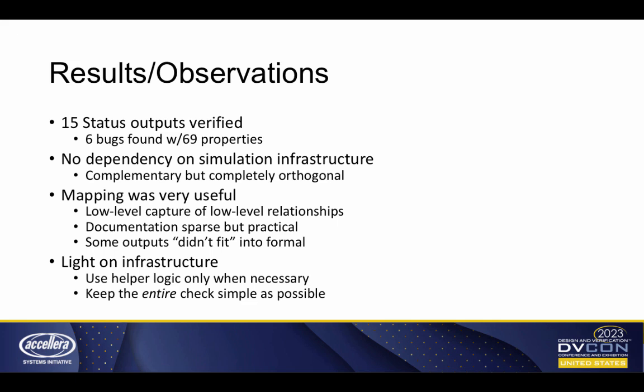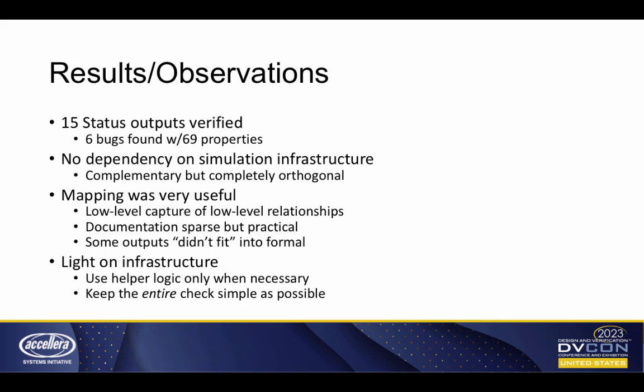Just some general results and observations. So just the technical details here. This is an effort in progress, and at a snapshot from a few months ago, I had made my way through, I think, 15 different status outputs proven, and in so doing found 6 bugs with roughly 70 different properties written.